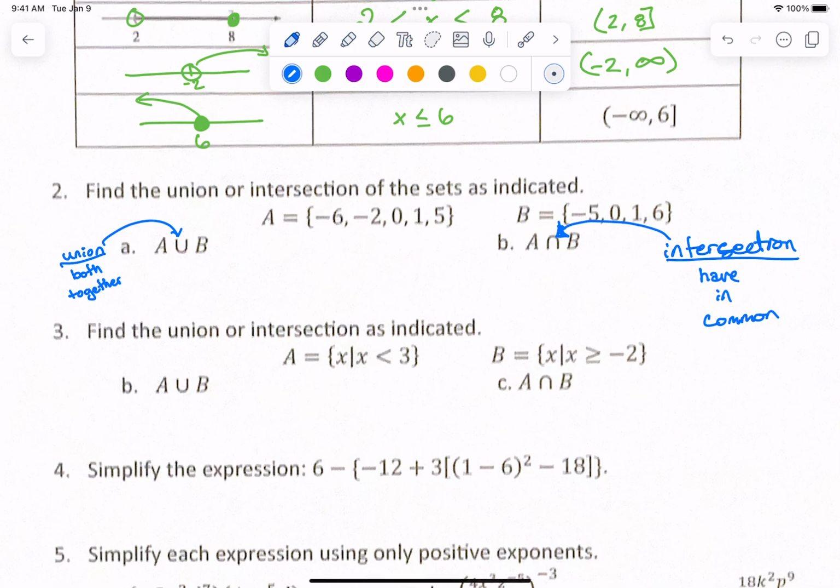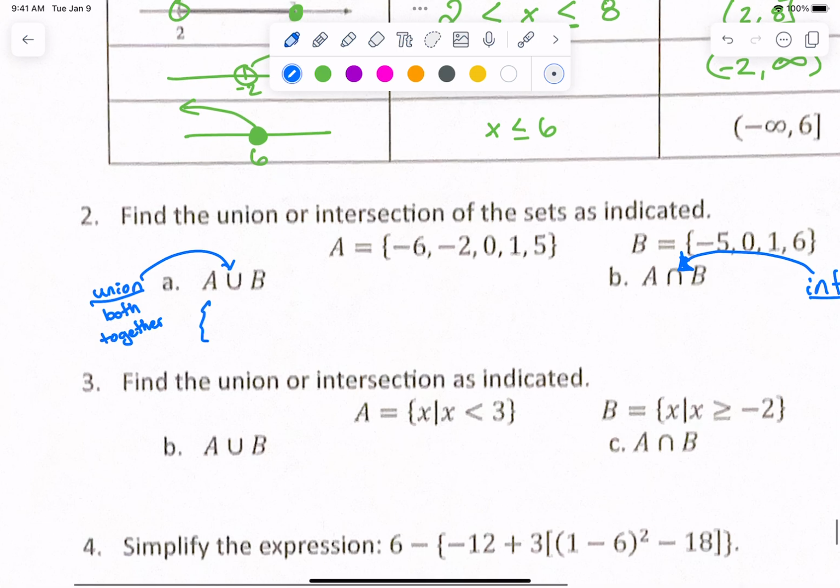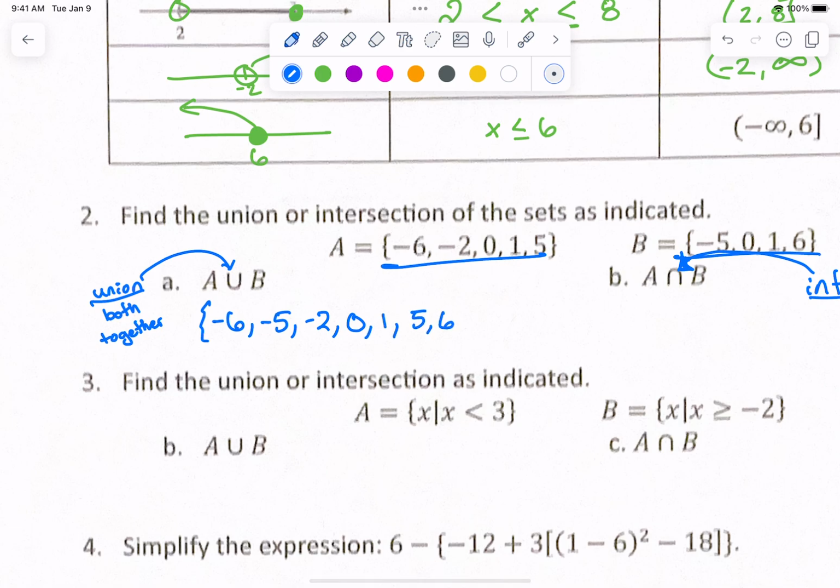Okay? So, in the marriage union of person A and person B, what do they all have? I have this, my husband has this, so together in union we have everything. All of them, right? So just list them in order. What comes first? -6, then -5, then -2, then 0, then 1, then 5, then 6.